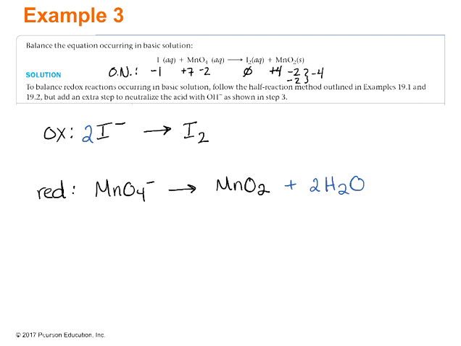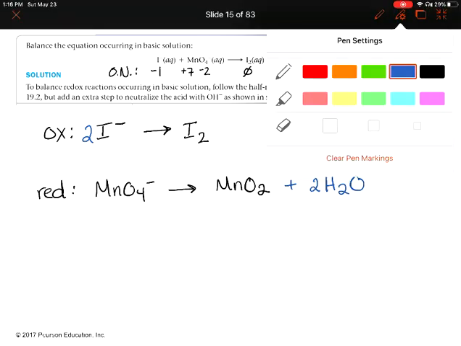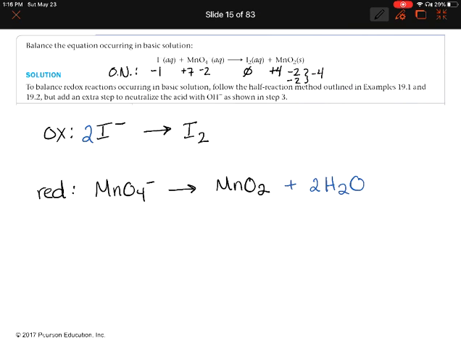Now, the next step, we have to balance those hydrogens that we just added. So I'm going to rewrite this, make some room down here. Okay, so how many hydrogen ions do we need on the left-hand side to balance the hydrogens we added on the right? 4, right?